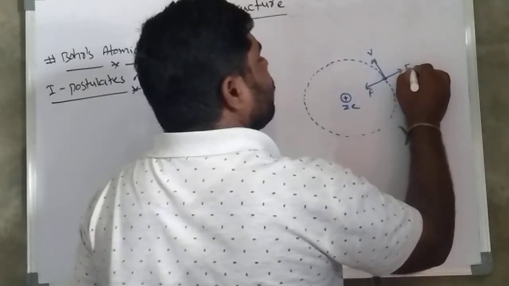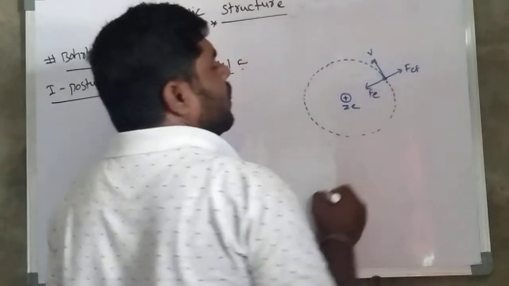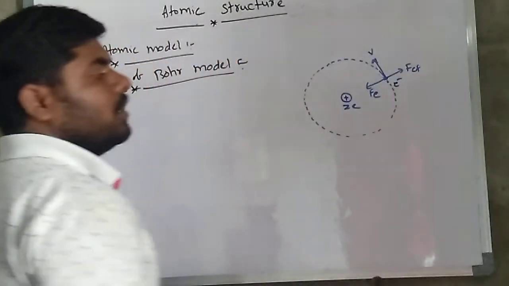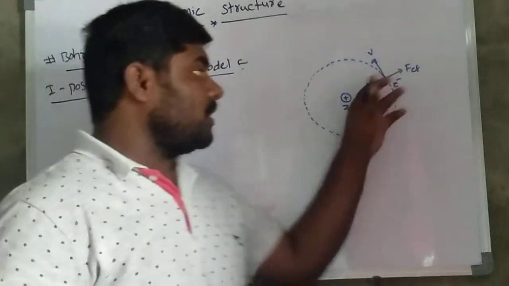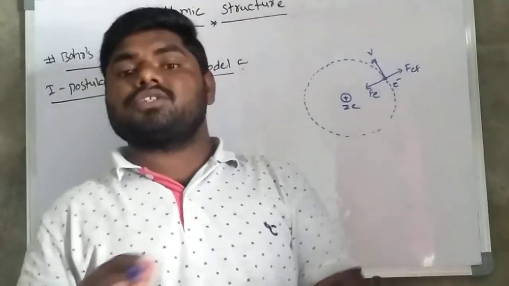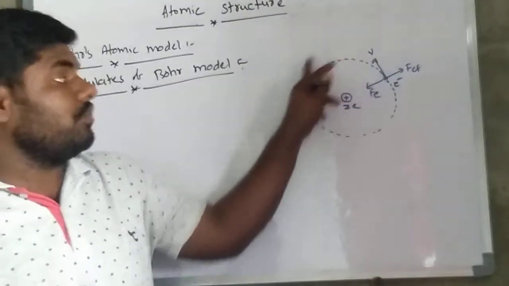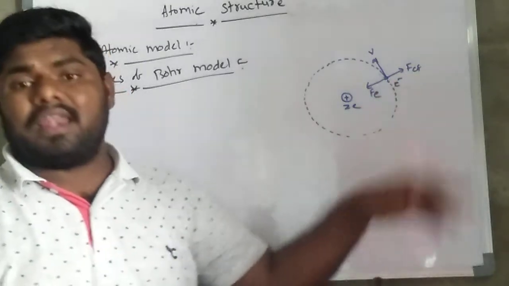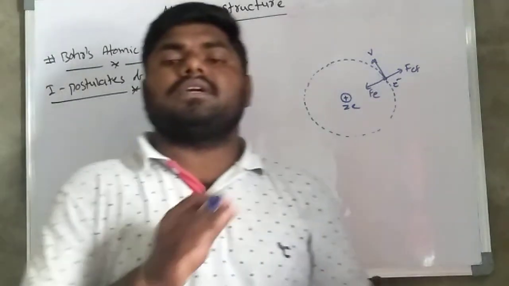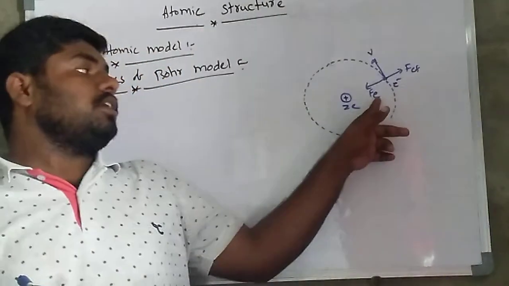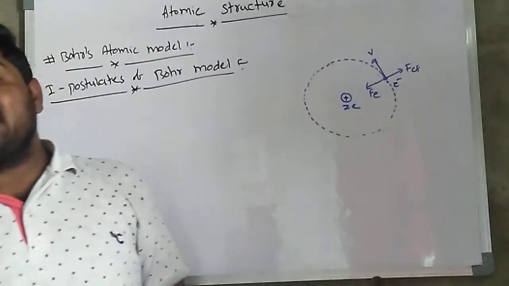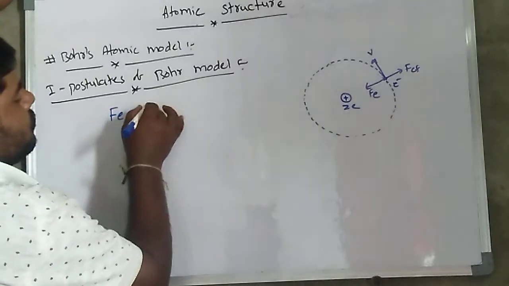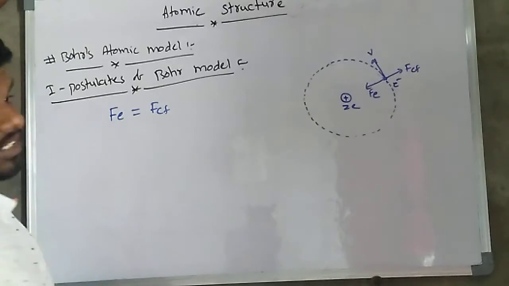The centrifugal force and the electrostatic force are balanced, and only then does the electron revolve in this orbit. So the electrostatic force should be equal to the centrifugal force.